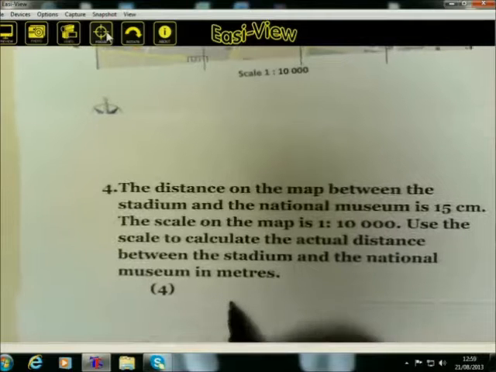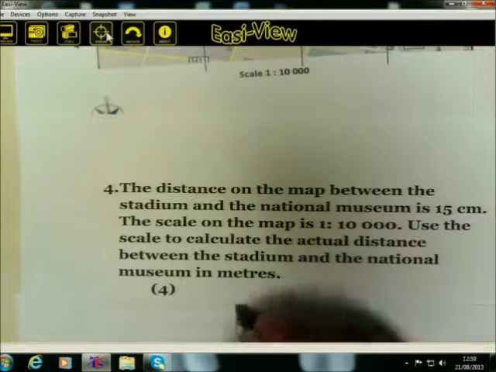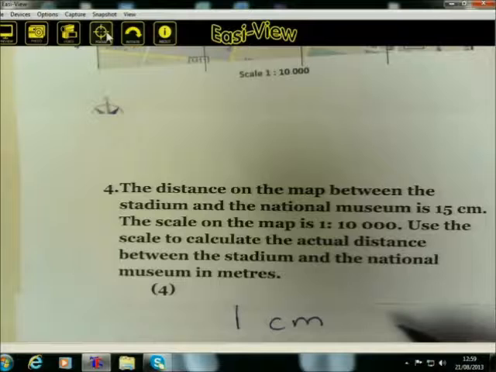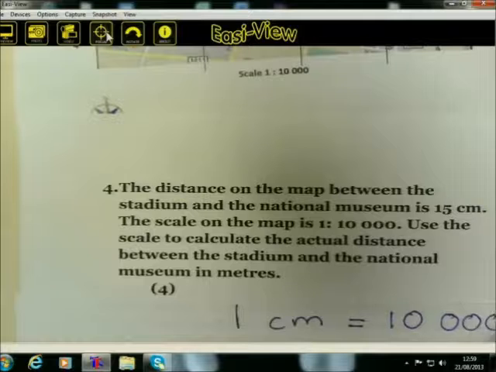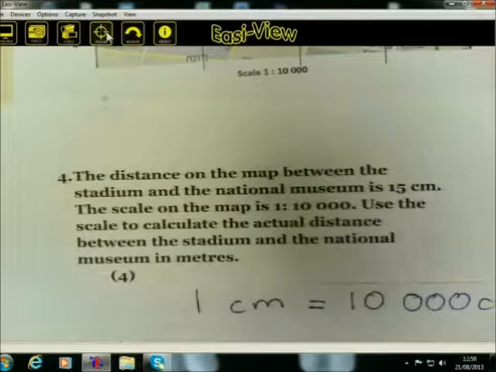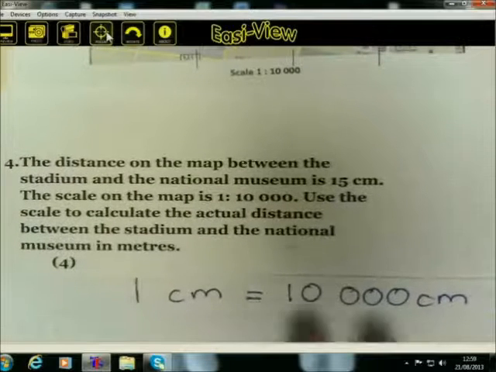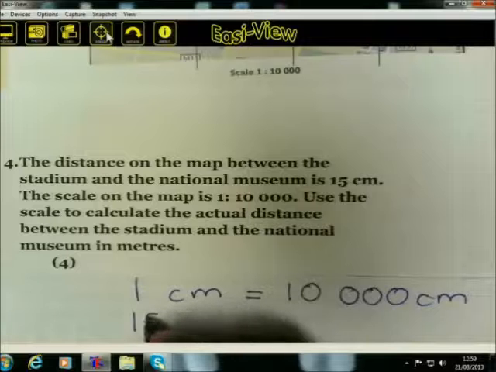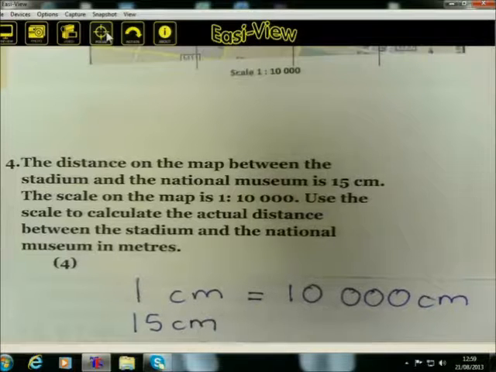We set 1 centimeter represents, which means equals, 10,000 centimeters. Now we are given from the question 15 centimeters.